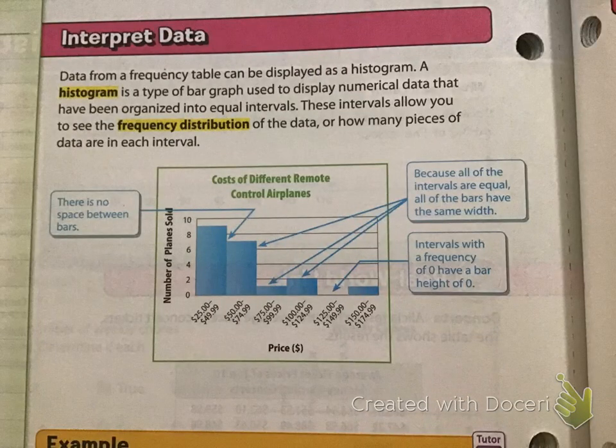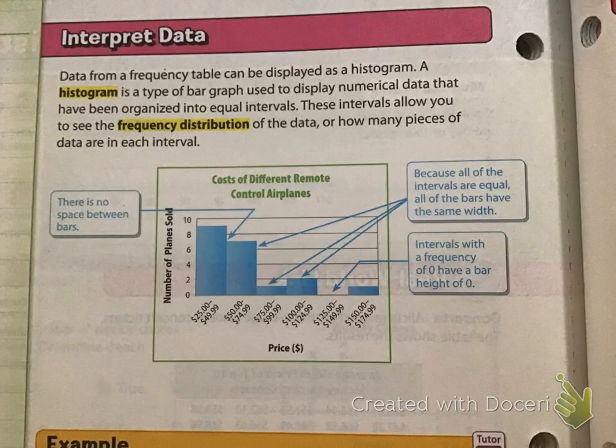Now, a histogram. Data from the frequency table can be displayed as a histogram. A histogram is a type of bar graph, nobody told me this earlier, used to display numerical data that has been organized into equal intervals. These intervals allow you to see the frequency distribution of the data, or how many pieces of data are in each interval.